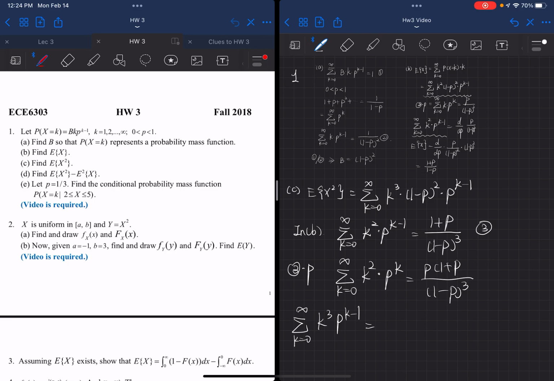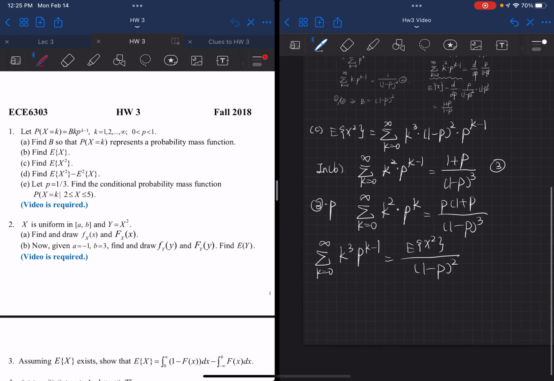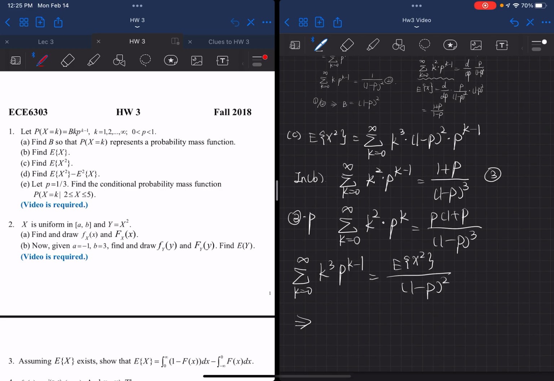So after we calculate this equation, by calculation and plugging in the formula, we get that the expected value of X to the power of 2 equals p to the power of 2 plus 4p plus 1 divided by 1 minus p to the power of 2. And this is for problem C.